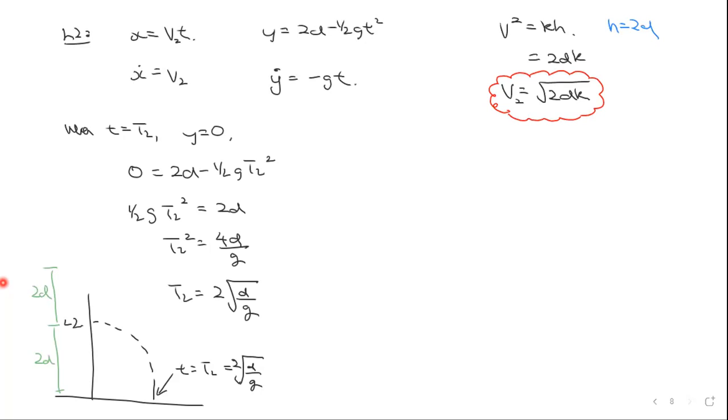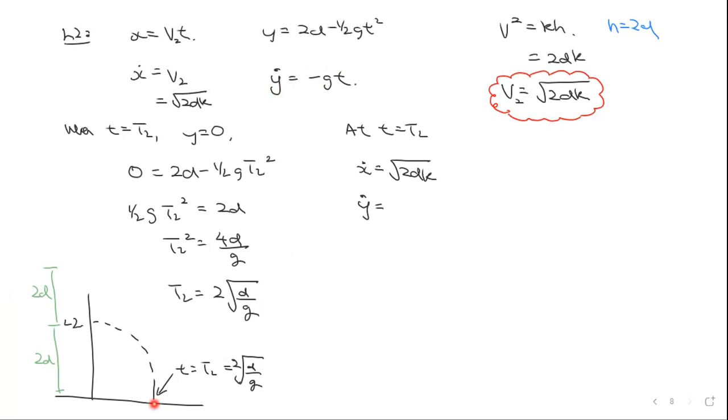So we know x dot because we've already worked out what it is here. But we actually need y dot. What's important is that at t equals t2, x dot equals the square root of 2dk because it's constant for any time. But for y dot, you need to find the vertical velocity at that time.